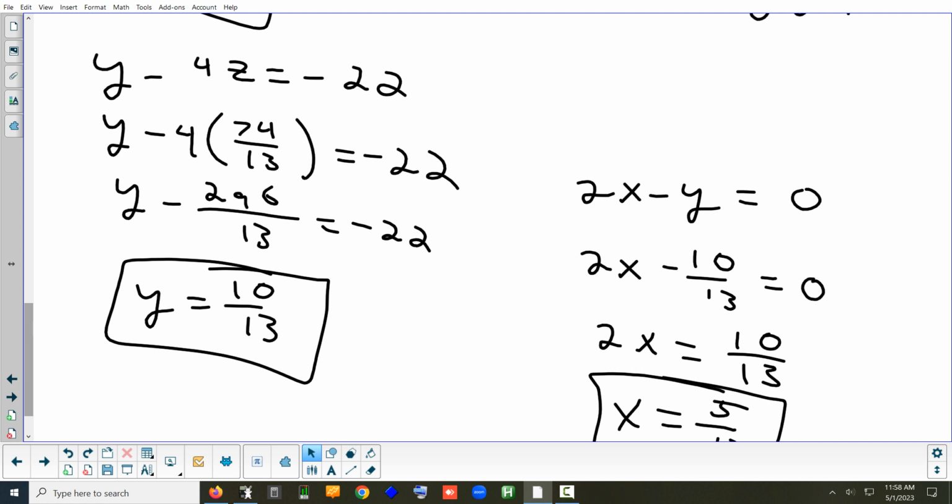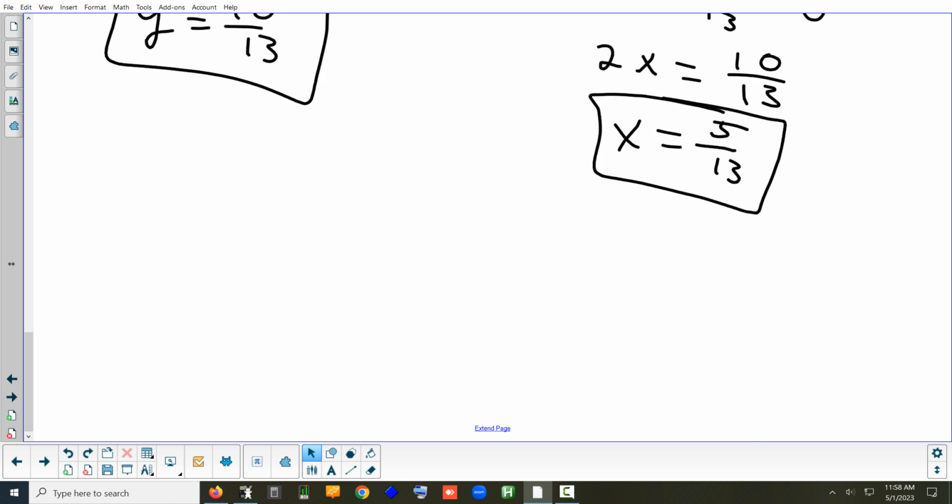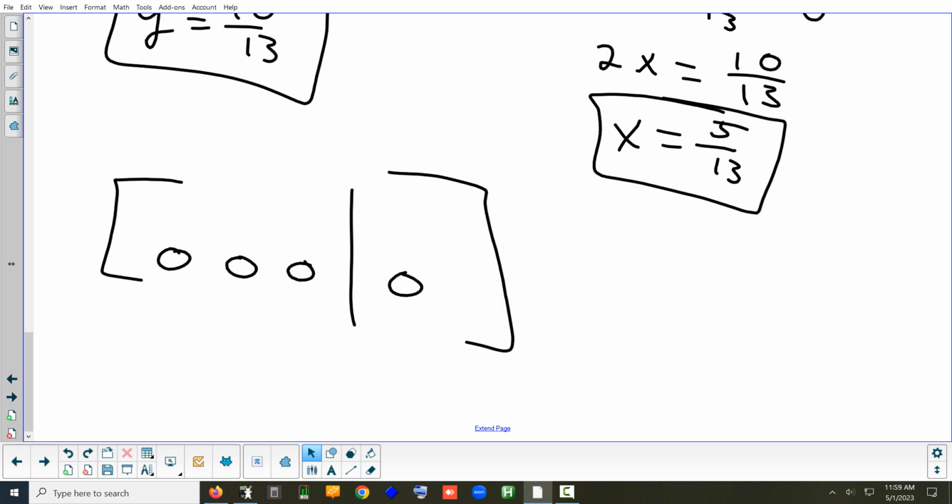Now, there are some special things that can happen. When you start to solve a matrix, instead of ending up with a 0 in one spot, all of a sudden you end up with an entire row of zeros, like everything cancels out. We're not going to look at ones where that happens. But when everything cancels out like that, you either end up with no solution or infinite solutions.